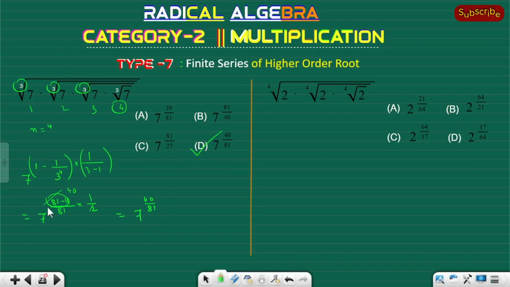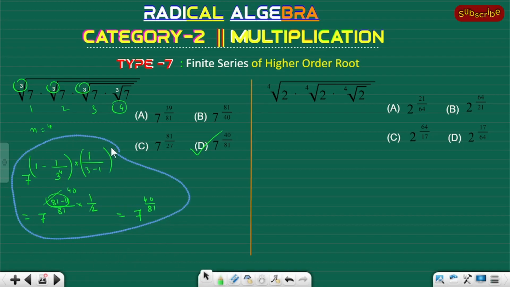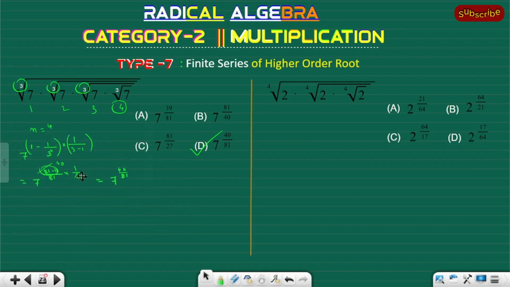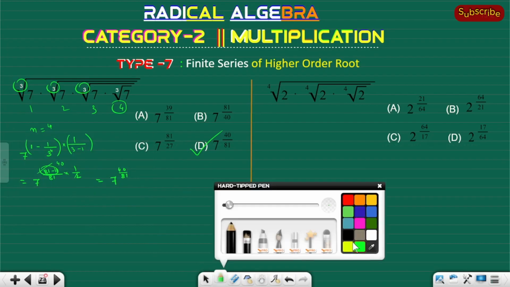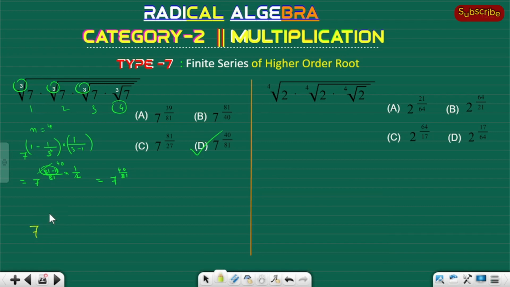And suppose you go by the traditional method, let's check. Instead of using the formula, let's see. Here the base 7 will be the same. What is the root here? It is 3, a cube root, right? So 3 to the power 0 plus 3 to the power 1 plus 3 square plus 3 cube. Why cube here?